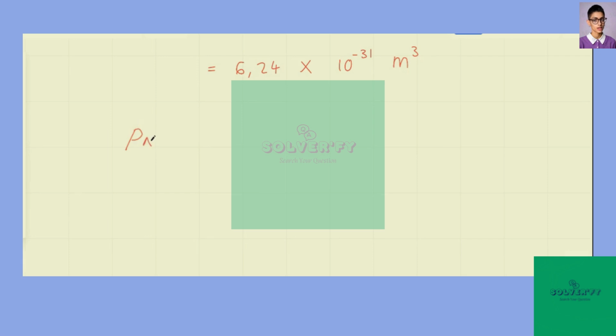We'll call that rho A. So rho A is the mass over the volume. The mass, again, is contributed by the single proton, which has mass 1.67 times 10 to the minus 27 kg, over its volume, which we calculated to be 6.24 times 10 to the minus 31 cubic meters.